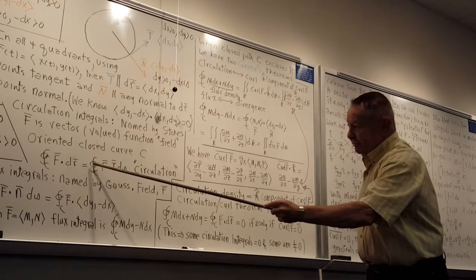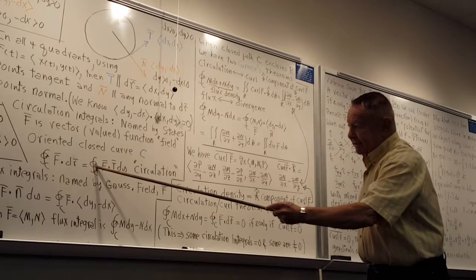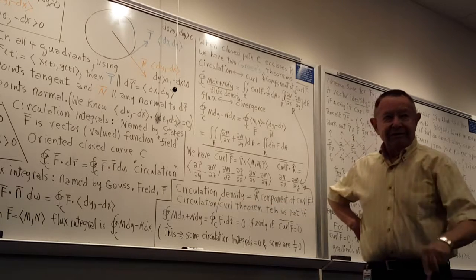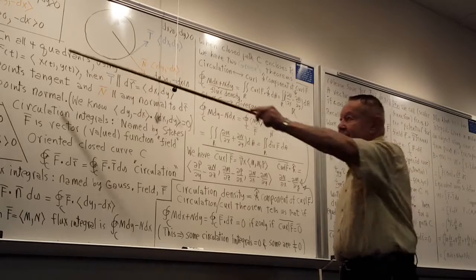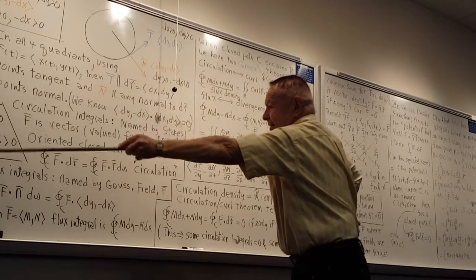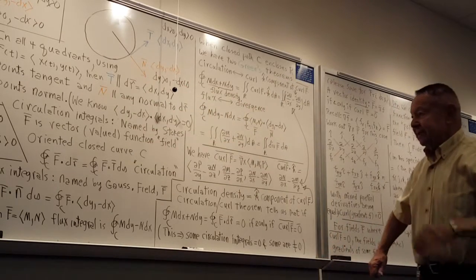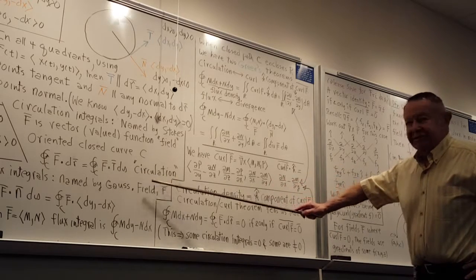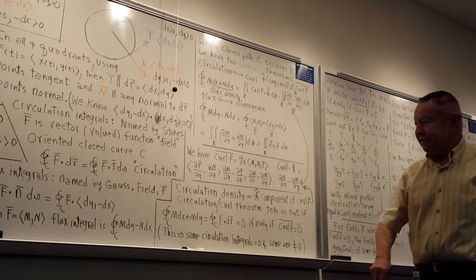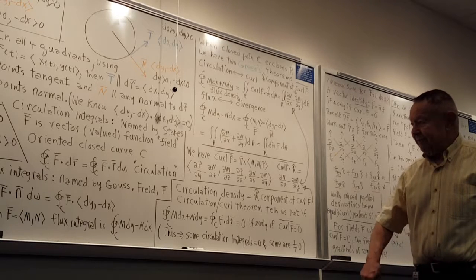So this little symbol is to indicate that you're going in the counterclockwise direction around the curve, kind of like I've done here. So Stokes called an integral of this sort a circulation, or a circulation integral.